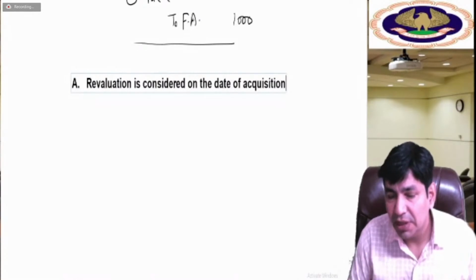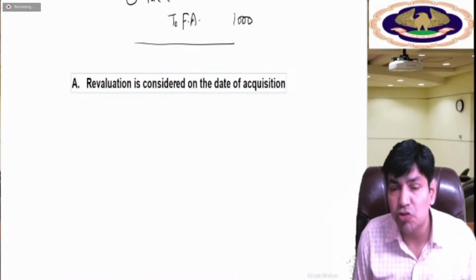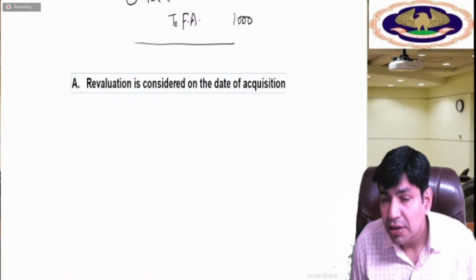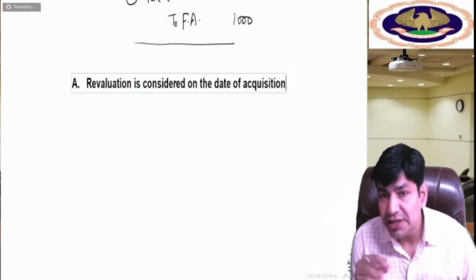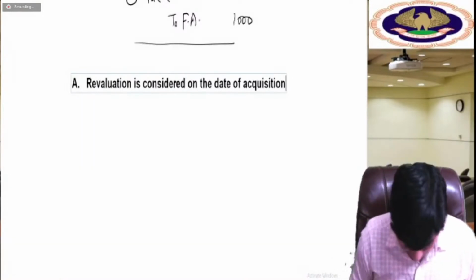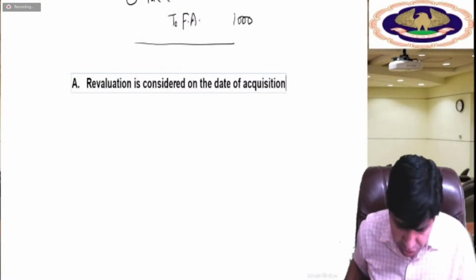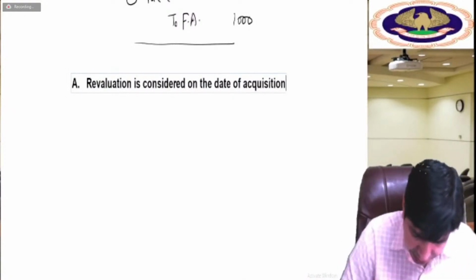Yes, beta, Namrata. Now I'm answering the query of Shriram. Shriram, beta, the additional 20,000 on the assets belongs to use in the post-acquisition period.